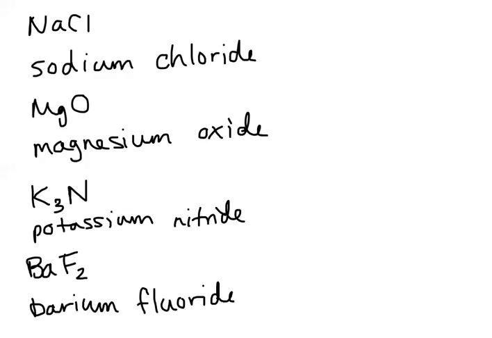I do want to mention that it's very important that you keep the capitalization correct in terms of your atomic symbols, because, for example, capital C and lowercase o is cobalt. That's Co, cobalt.